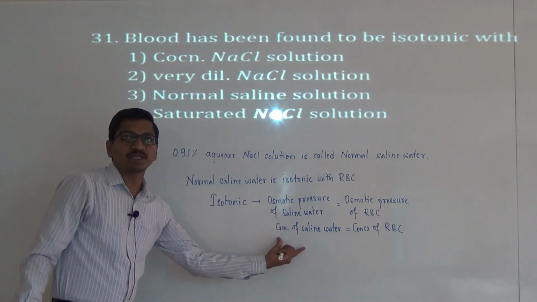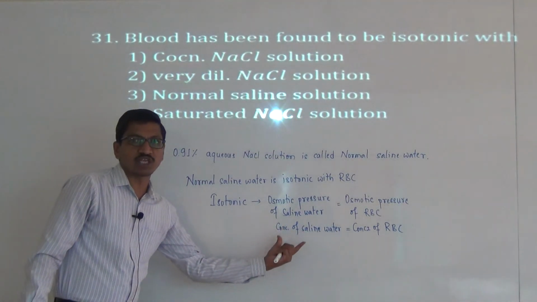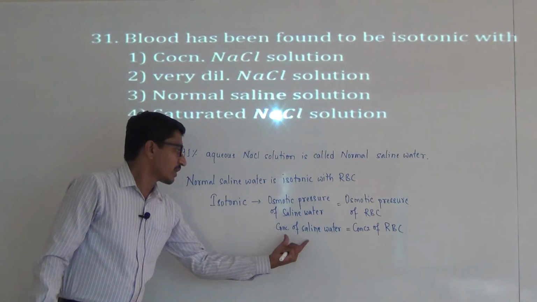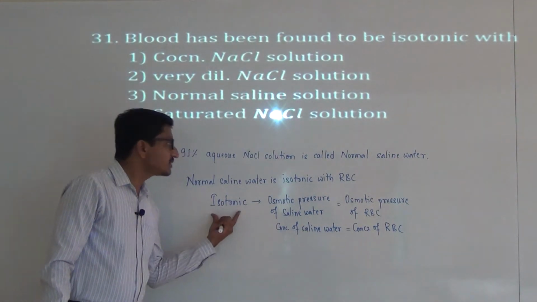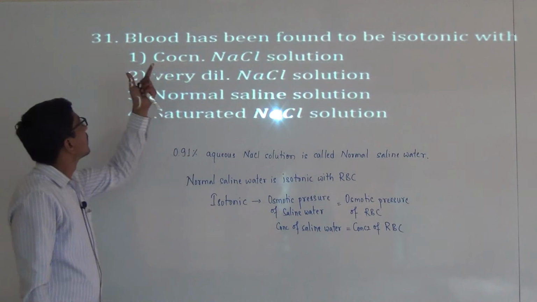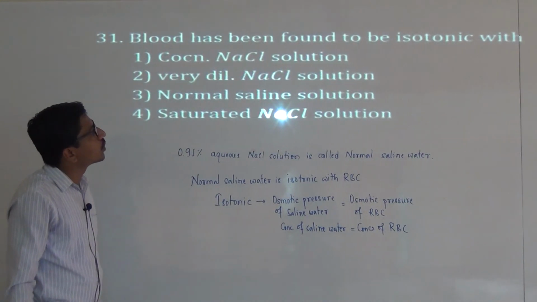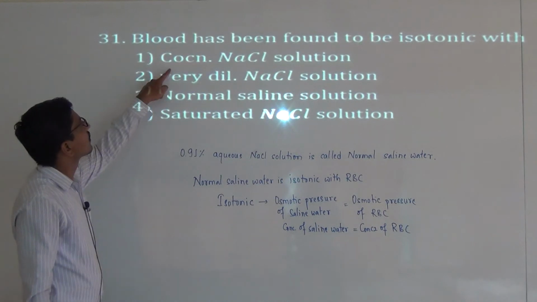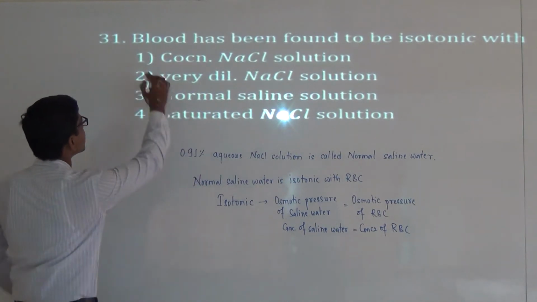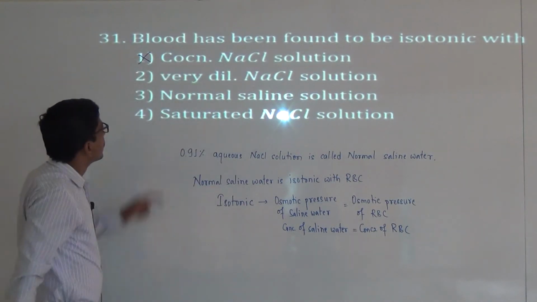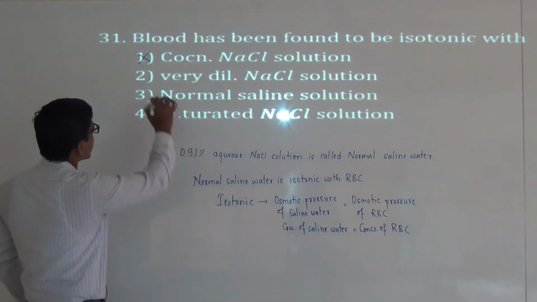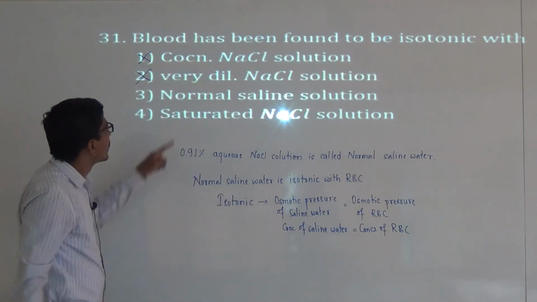If two solutions have the same osmotic pressure or same number of moles or same concentration, these are called isotonic. In this question, blood has been found to be isotonic with concentrated NaCl. This is wrong. Very dilute NaCl solution. This is also wrong.